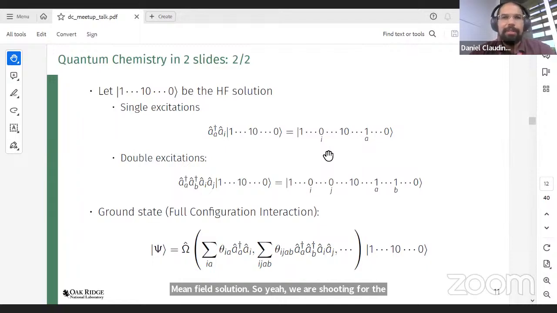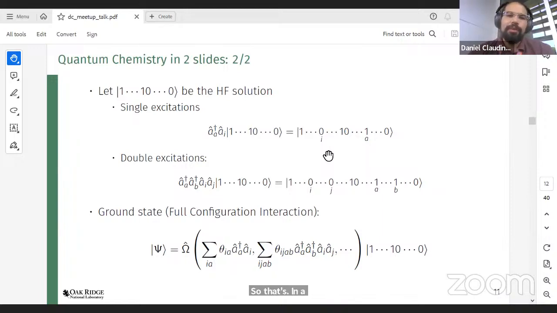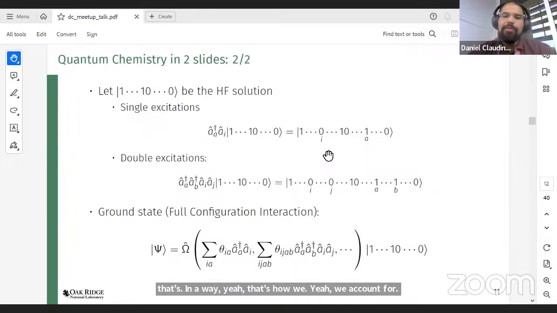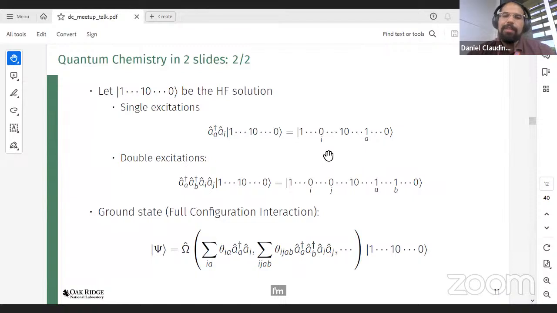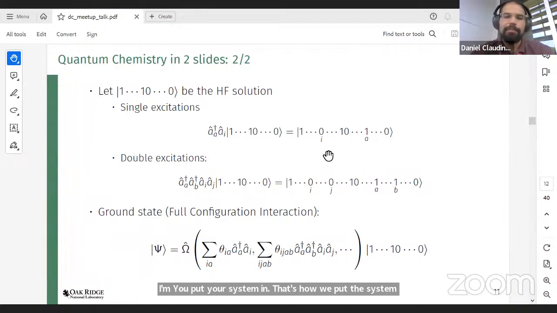There are other ways, like time-dependent Hartree-Fock and other ways to target excited states, but this is not what we are doing. And the double excitations, that's how we account for entanglement. That's how we put the system in a superposition of a bunch of computational basis states. They're all entangled.